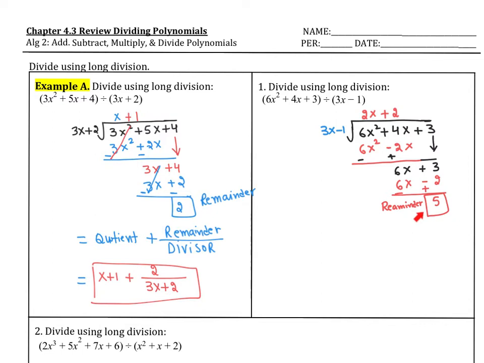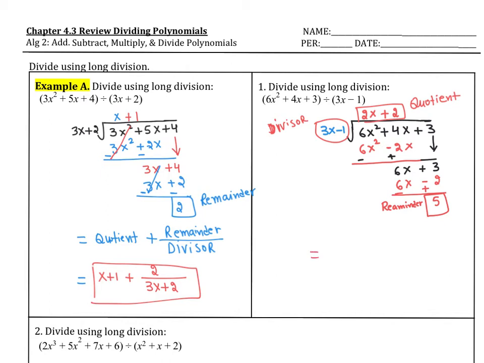The bottom number is the remainder. The top number is going to be your quotient, and this 3x minus 1 is going to be the divisor.